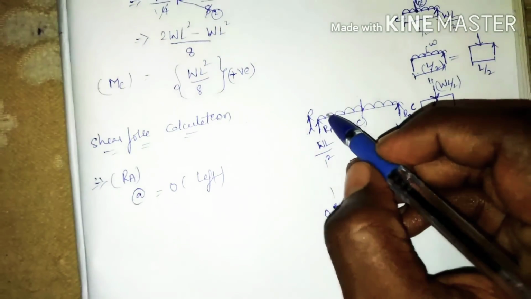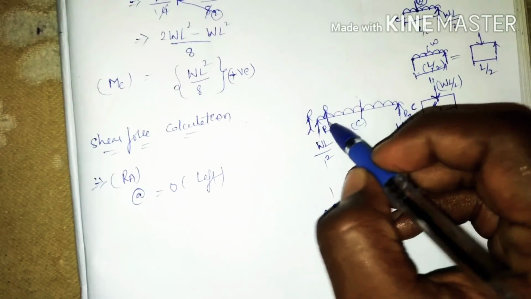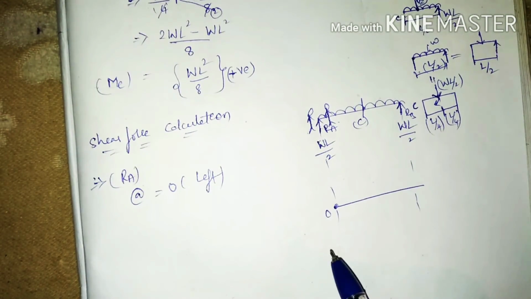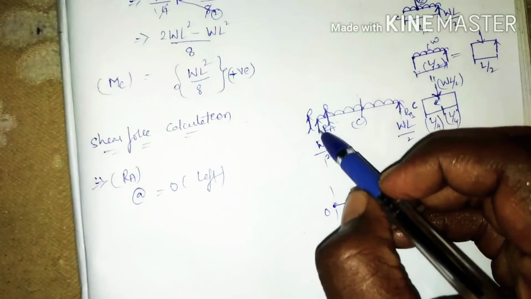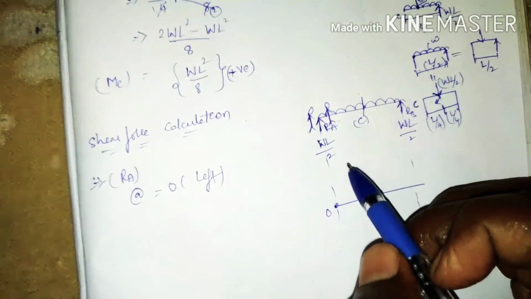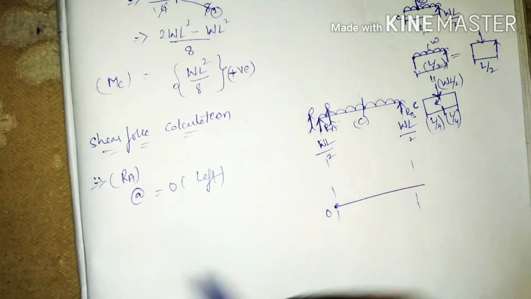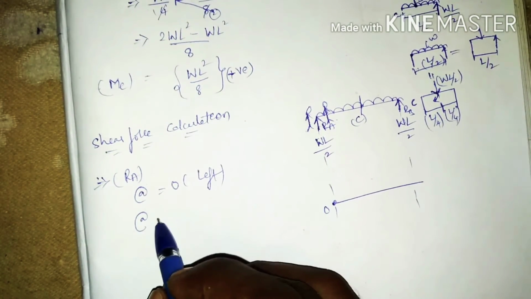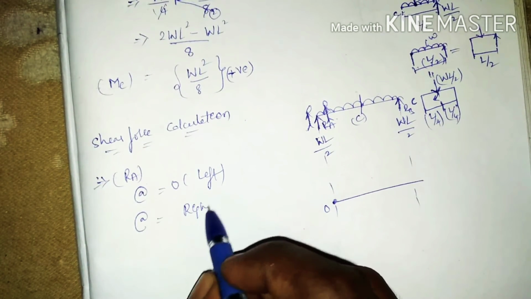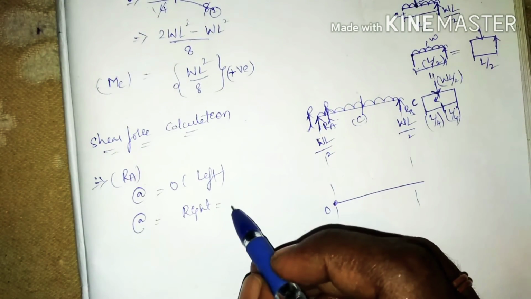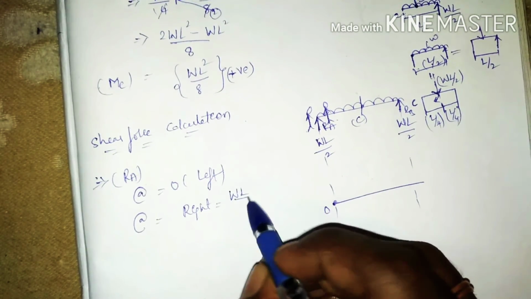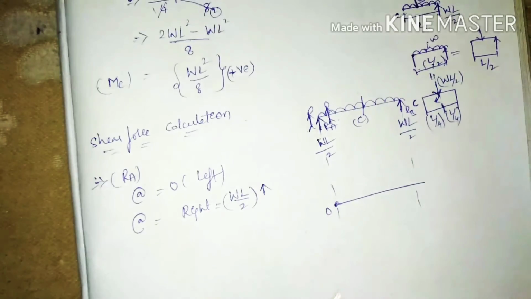And if I stand on the right side of RA, just right of RA, I am going to find RA in the upward direction, that is WL by 2 in the upward direction.